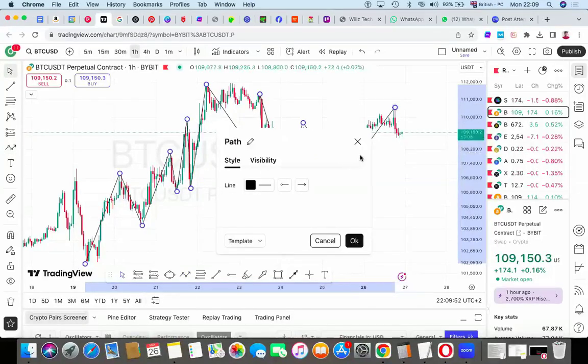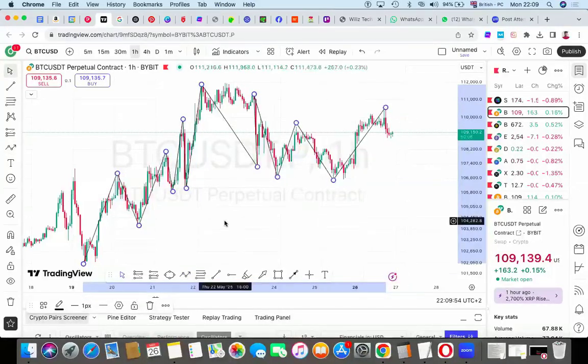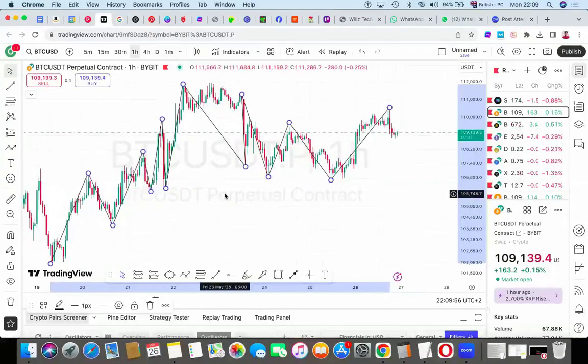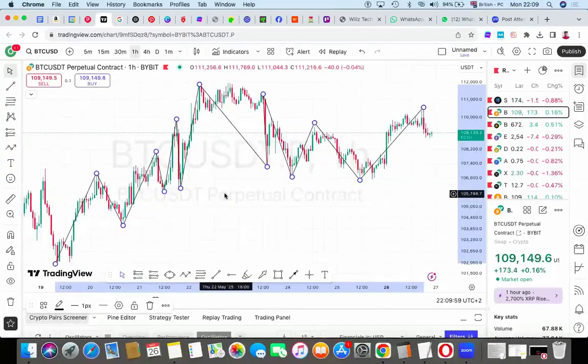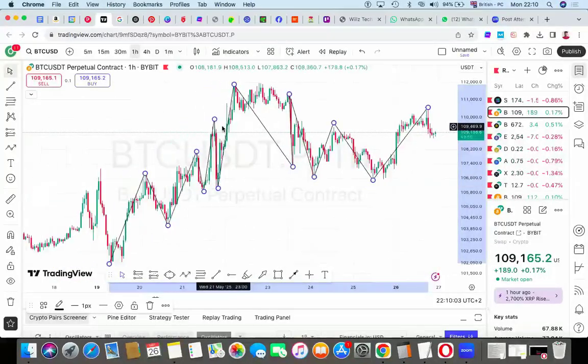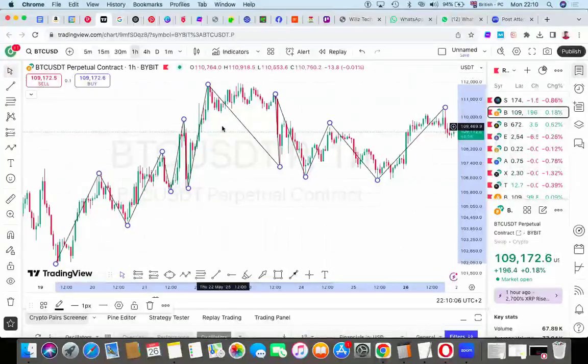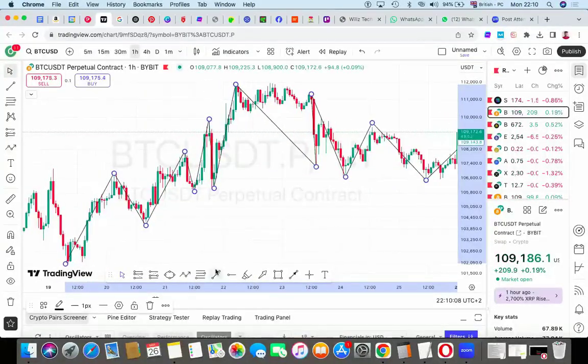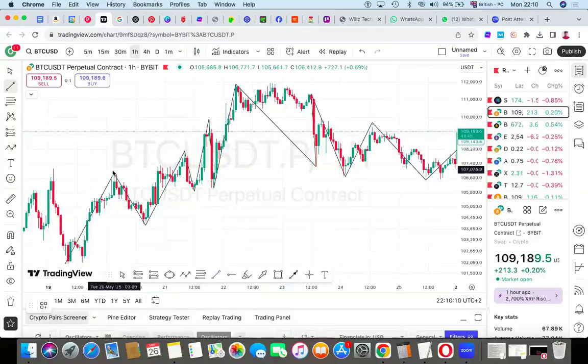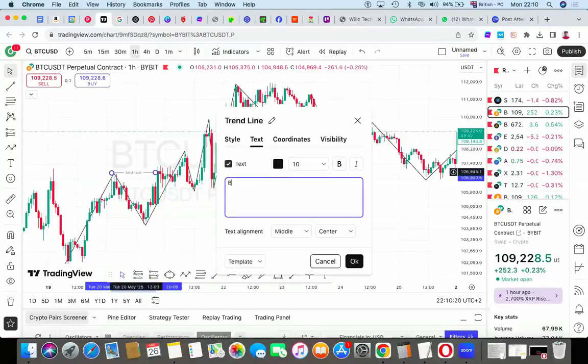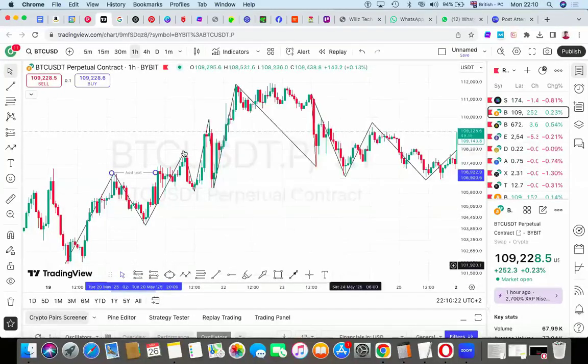So even though there is a change of character here already, Bitcoin has already broken structure to the downside in our hourly time frame. So we have clearly here, before it switched character, the BOS around here, and then we have another BOS.